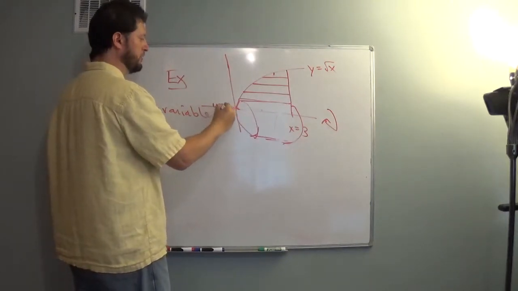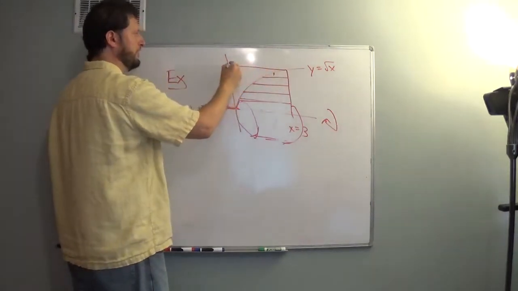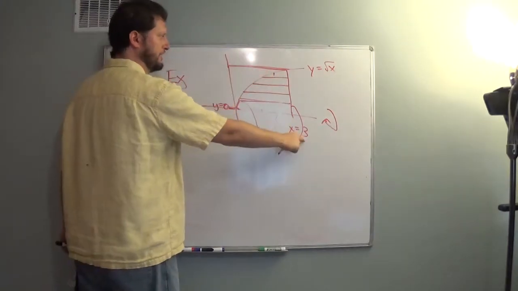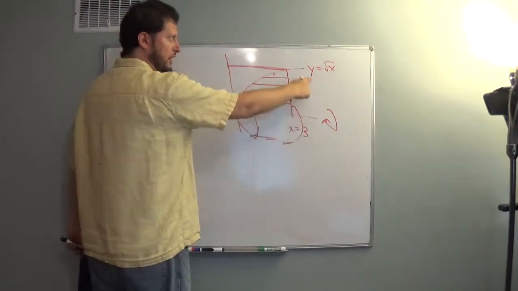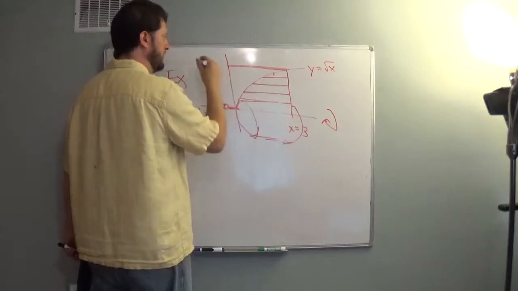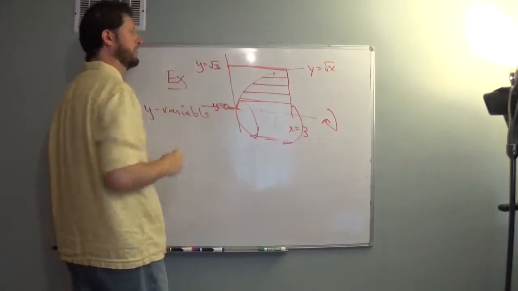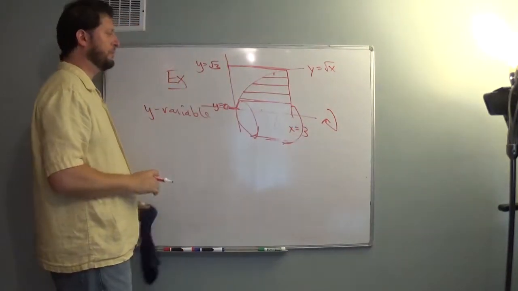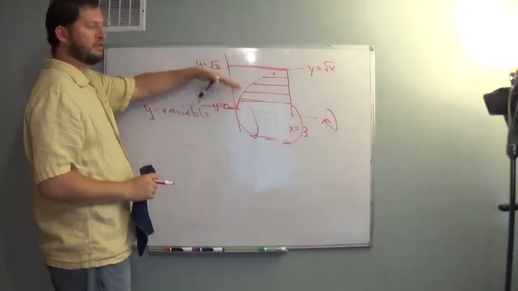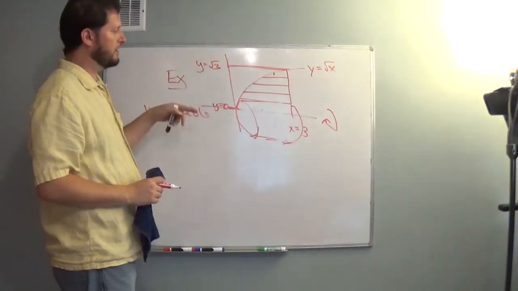This is y equals 0, and this is whatever the y value is corresponding to x equals 3. Well, if y is square root of x, then y is equal to the square root of 3. And so that's going to be my upper limit of integration. Y from 0 to square root of 3.